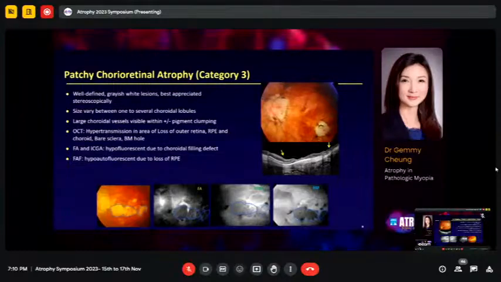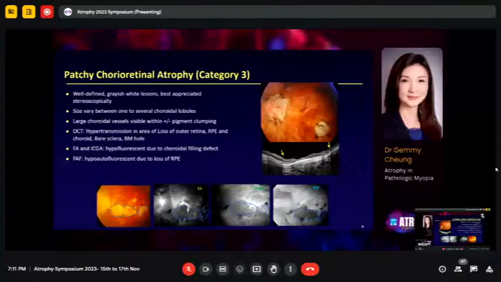These are usually characterized as well-defined grayish-yellow lesions, which are best appreciated stereoscopically. Their sizes vary between 1 to several choroidal lobules, and that relates to how they form and what the underlying reason is. We can observe large choroidal vessels and sometimes pigment clumping within these areas of patchy chorioretinal atrophy.